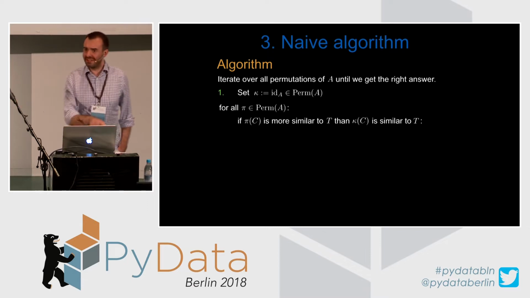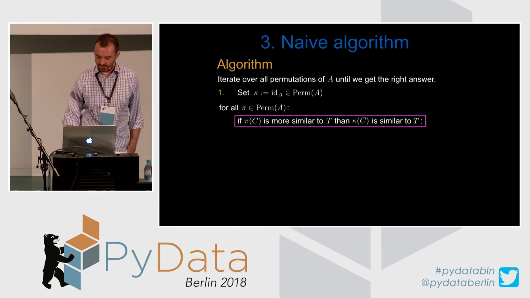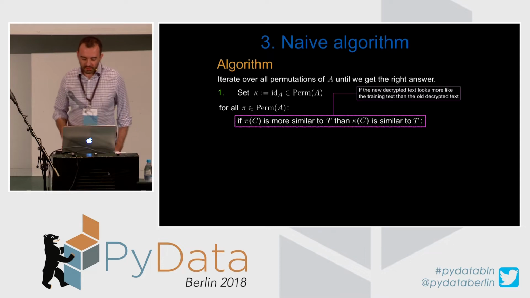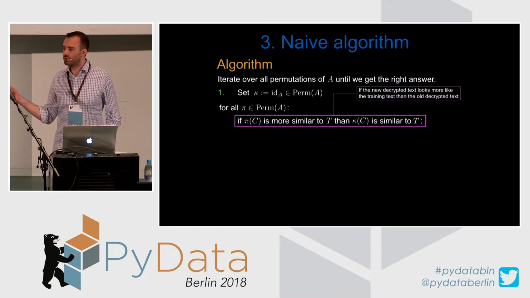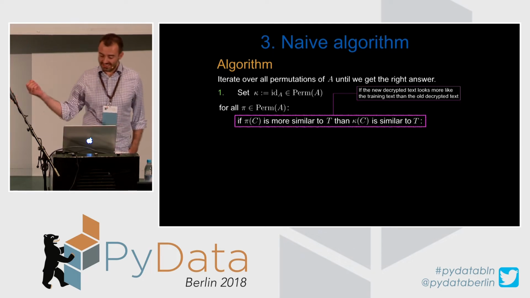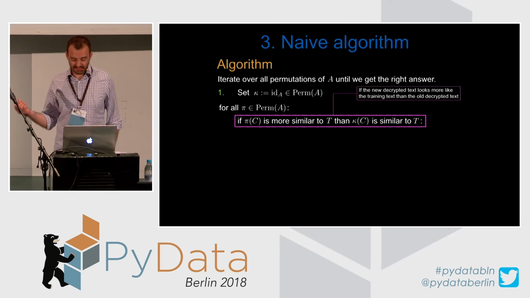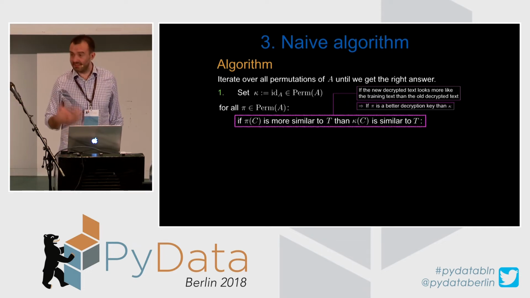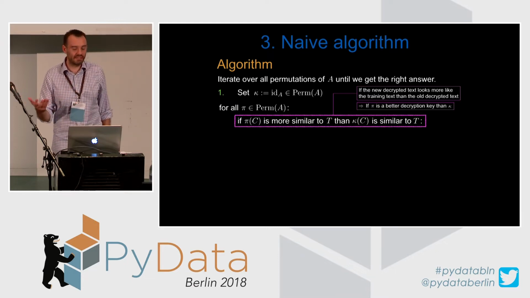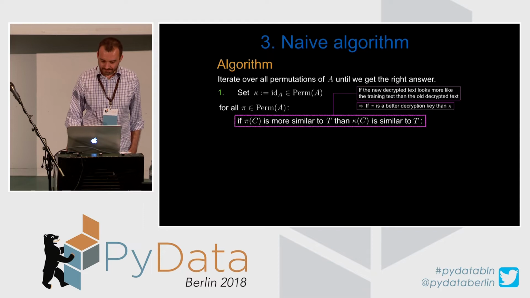But that's already a bit computer-codey, so let me unpack that into English for you. What I'm really saying is, if the new decrypted text, the decrypted text coming from my second key pi, is more similar to the training text than the old decrypted text, in other words K of C, then I'll do this thing. But another even simpler way of explaining that line is: if pi is a better key than K. That's all I really want to specify.